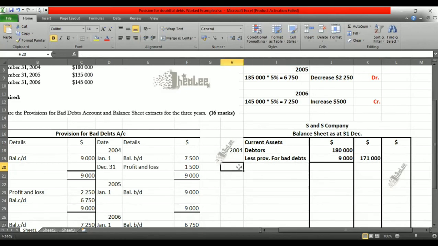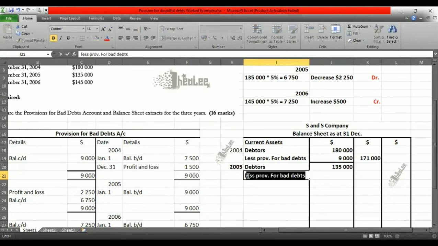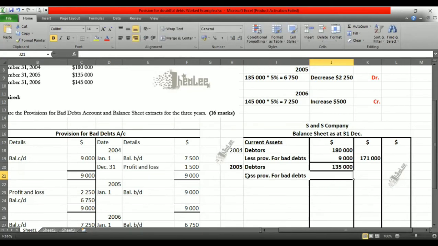We can then do 2005. So remember, you pick up your debtors value. For 2005, we're seeing that our debtors value is 135,000. So debtors, the value is 135,000. From that, we're going to less the provision for bad debts, and the provision for bad debts value for 2005.